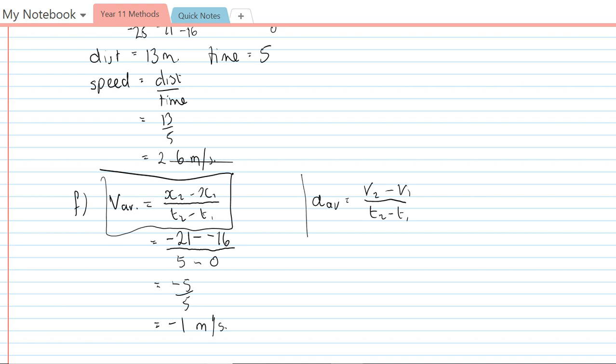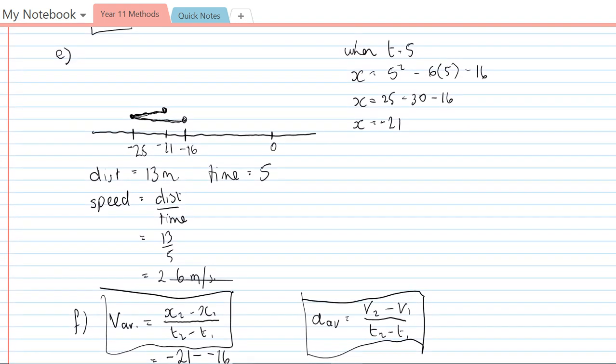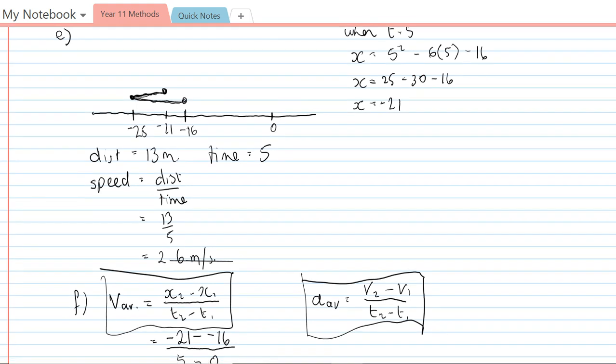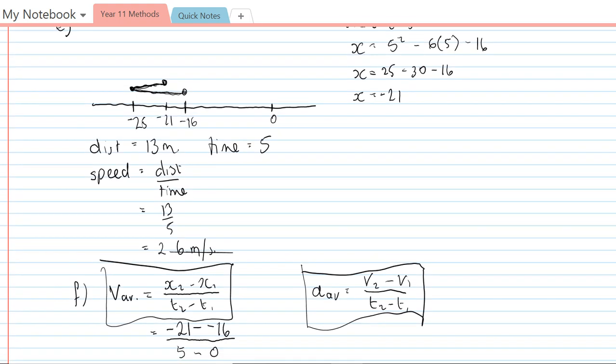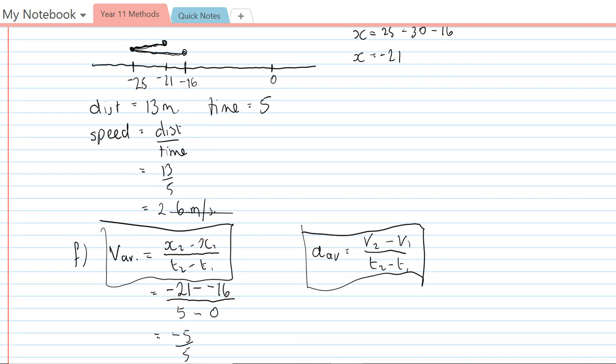So that would be another one which may need to be used. But these rules are, I would say, less commonly used. More likely you'd be expected to find, say, an instantaneous velocity or instantaneous acceleration, something like that.